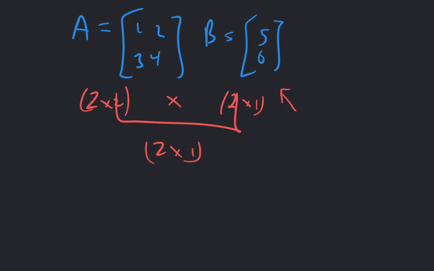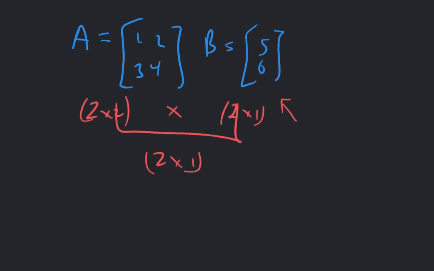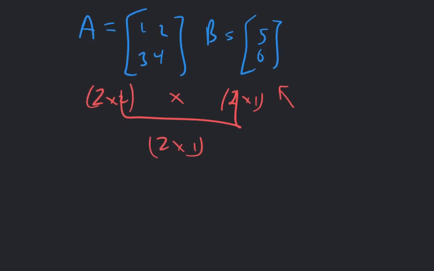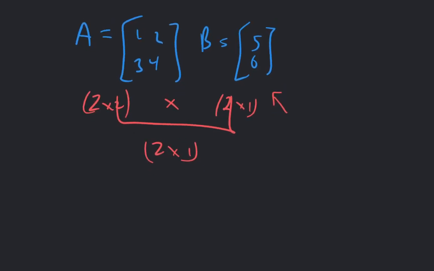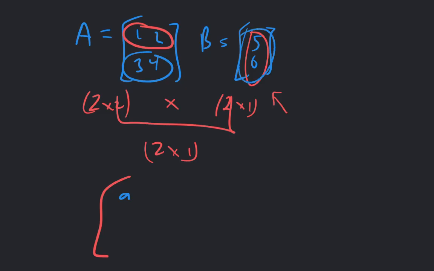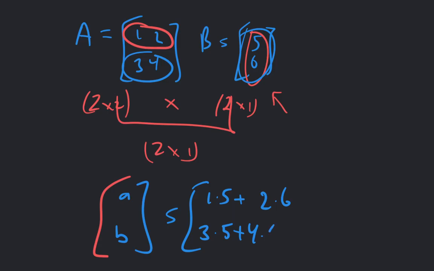So basically we would do the dot product. So you would get this row times this column, and that's going to be for element A, and then this row times this same column, and that'll be element B. So that gives us 1 times 5 plus 2 times 6, and then 3 times 5 plus 4 times 6.